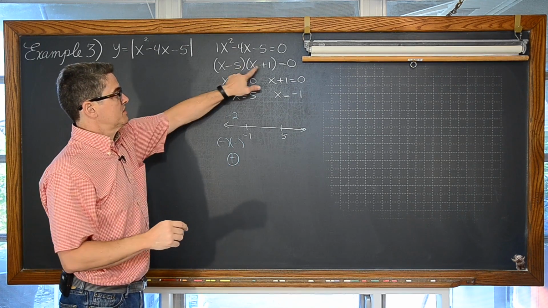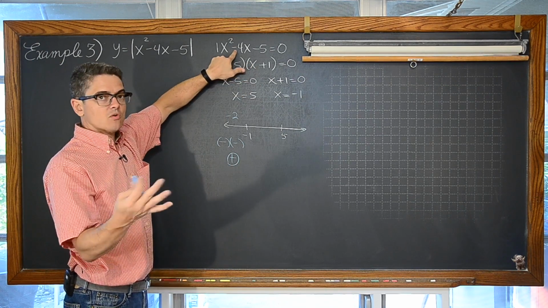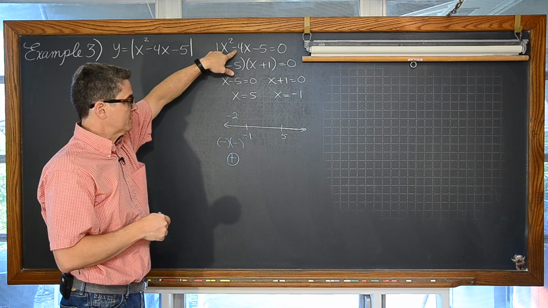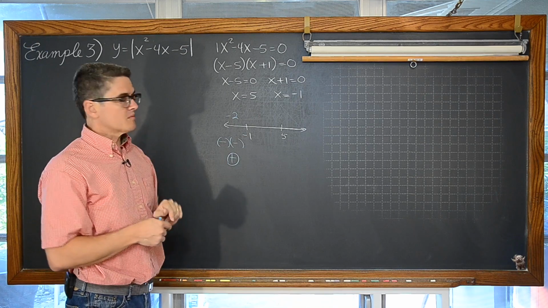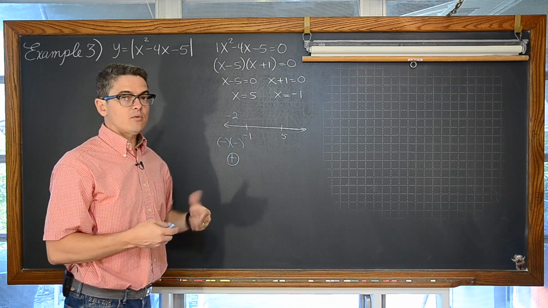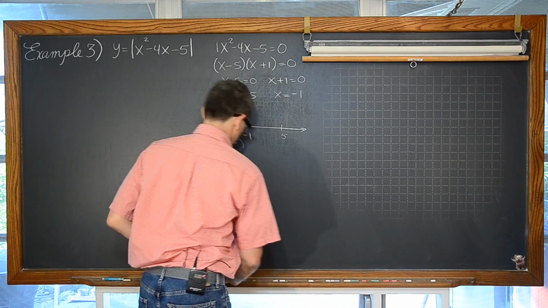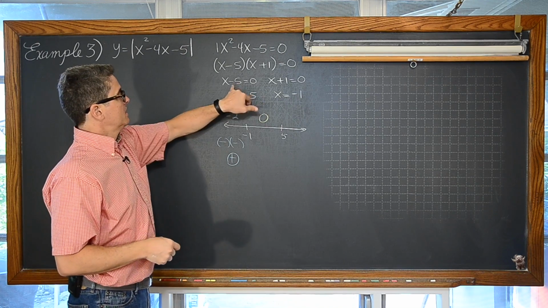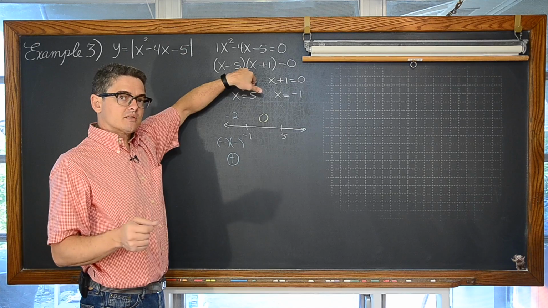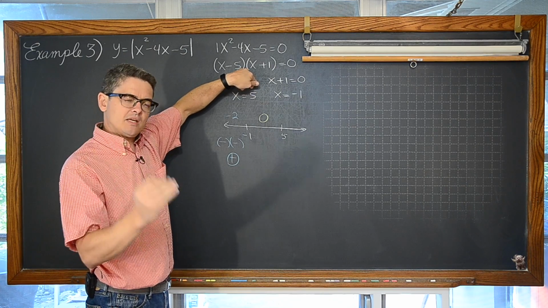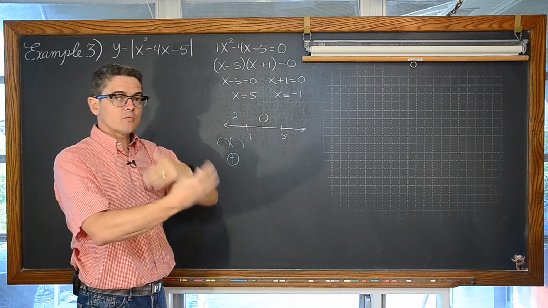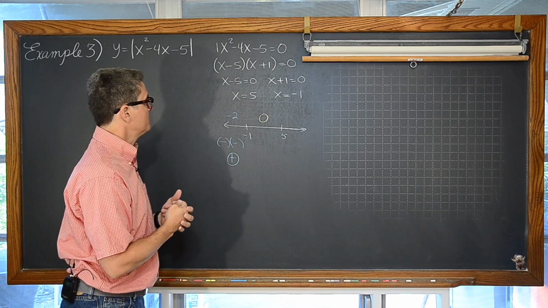So this expression, either in factored form or the original quadratic, is going to be positive for values of x which are less than negative 1. Now if you think about something in the middle, like between negative 1 and 5 you have 0. Well, if you look at testing an x value of 0, 0 minus 5 is negative. I know it's negative 5, but we're really just keying on the sign, whether this is given a positive or negative answer, so we know what the absolute value functions have to do.